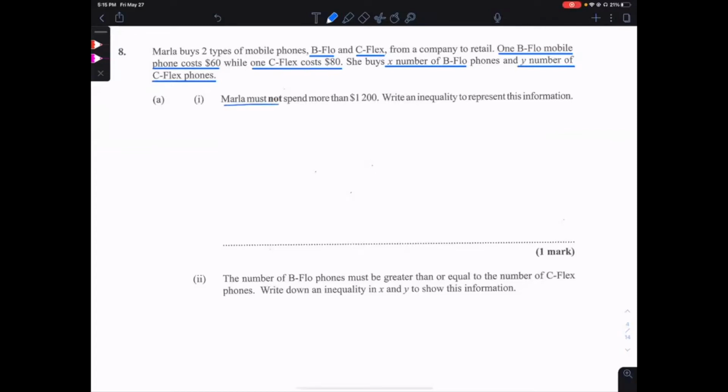Mala must not spend more than $1,200. So in the linear programming question, we need to underline the key things that will help us write our 2 inequalities or our 2 equations.